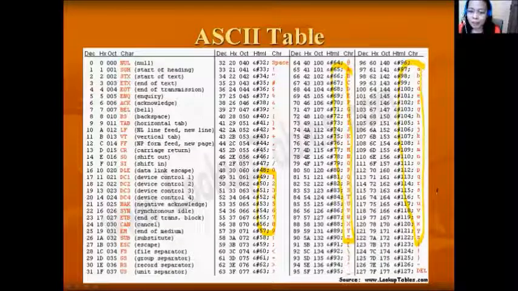Okay, so just be familiar with the ASCII table. You don't have to memorize this actually. You can download it, but if you want to memorize, it's easy to memorize because for 0 to 9, I just have to memorize key ASCII 48 to 57. Okay, for A to Z capital, I just have to memorize from 65 to 90. And then small letter a, 97 until 122 for the small letter z. Okay?